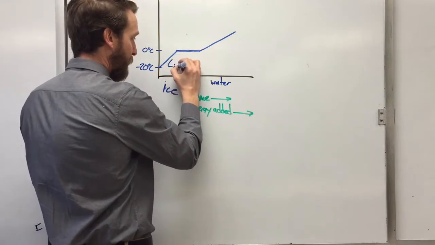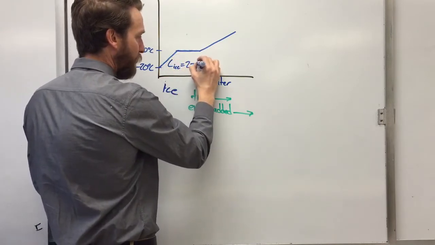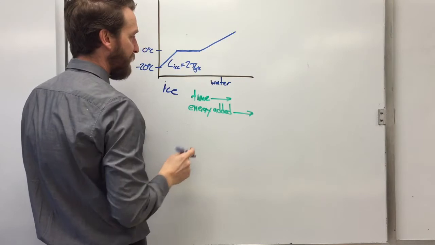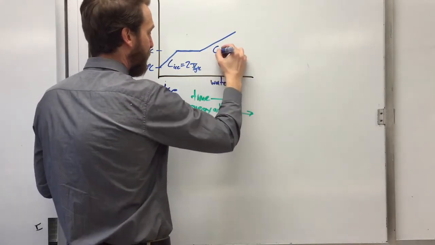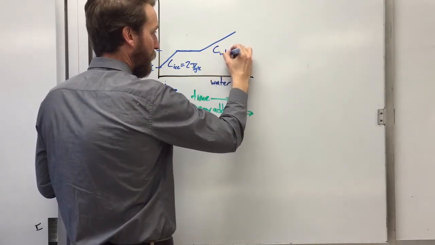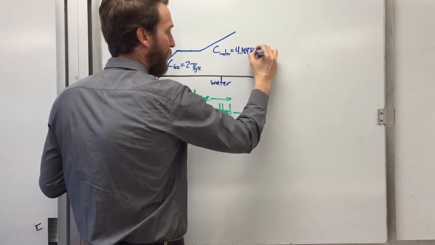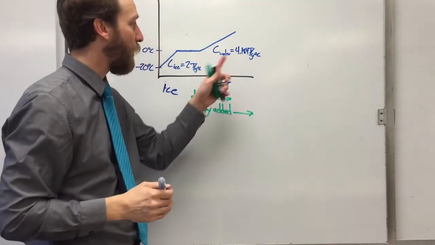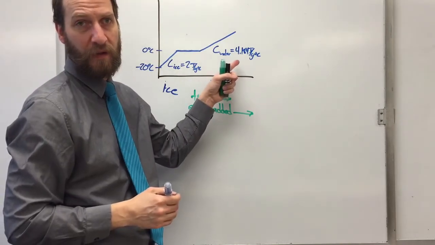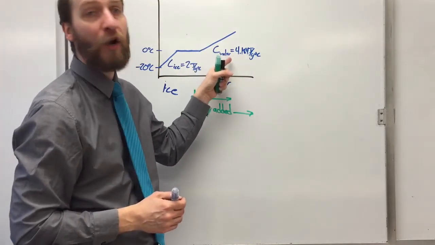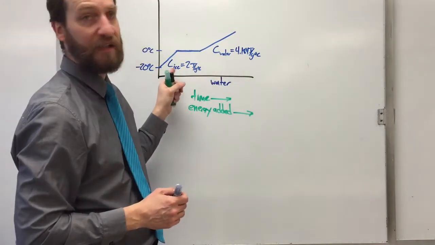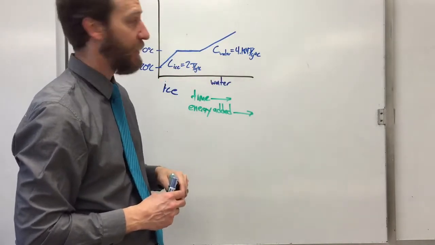So for ice, it's about 2 joules per gram per degree Celsius. For water, the specific heat capacity, 4.184 joules per gram per degree Celsius. So it takes twice as much energy to change the temperature of water by a degree than it does to change ice by a degree.